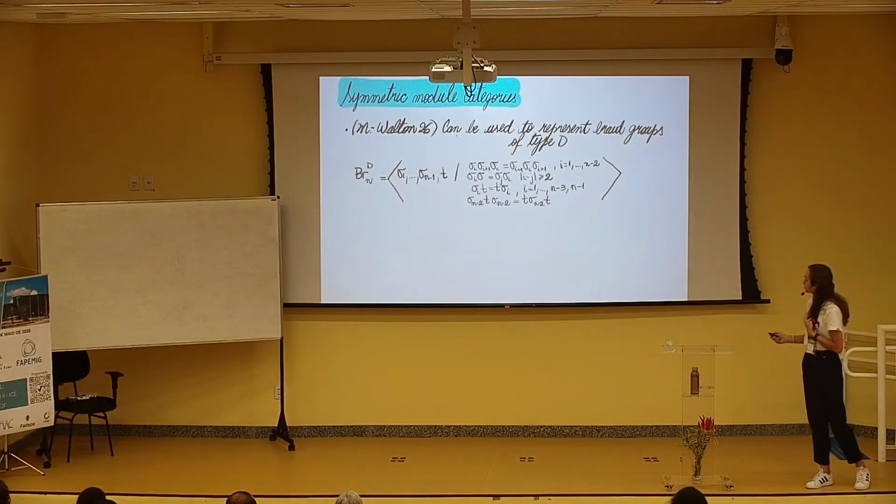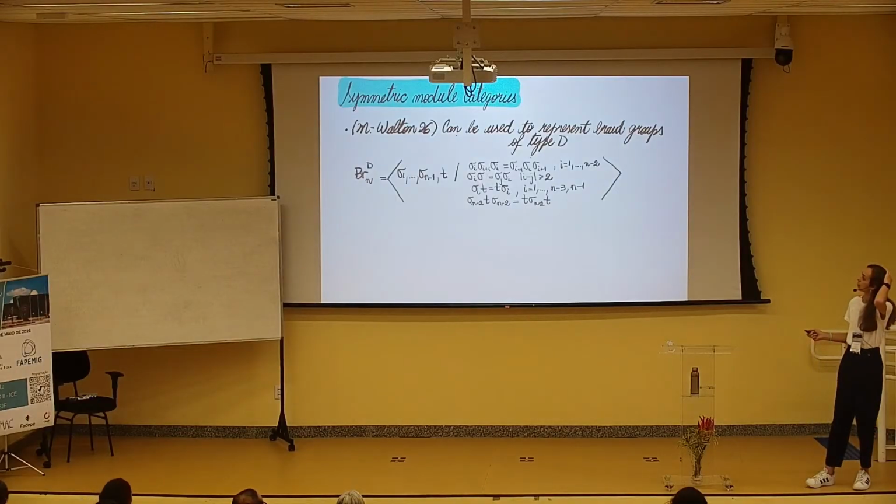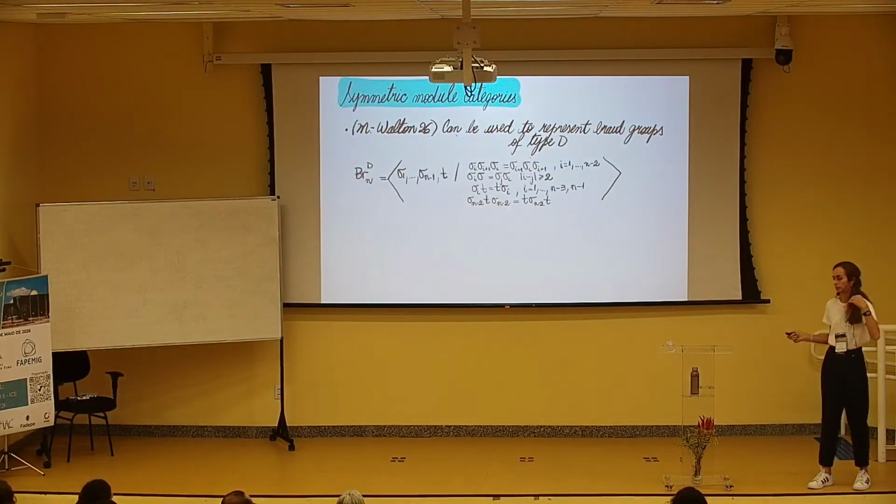And we check that this symmetric module category gives a representation of the braid group of type D. So it's another braid group that has n generators, the same relations as type A until n minus 2, and then some different relations with T, the n minus 3, n minus 1, which commute except n minus 2, and with n minus 2 has this relation.